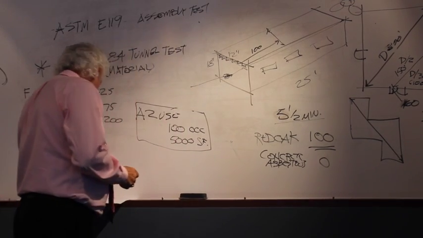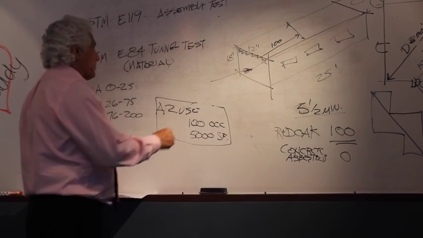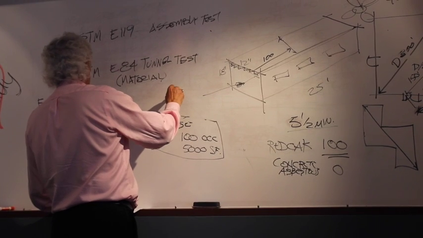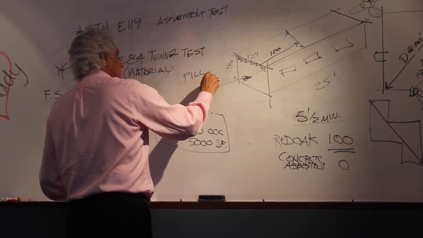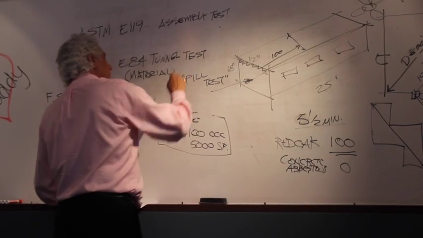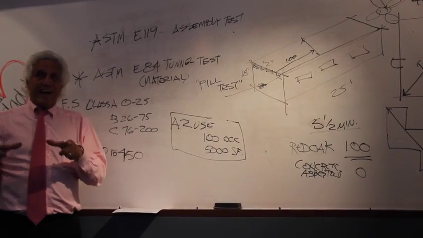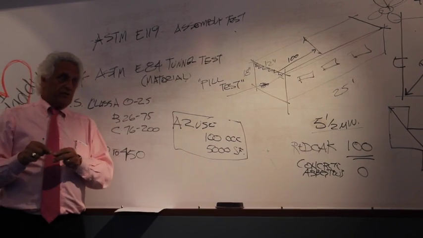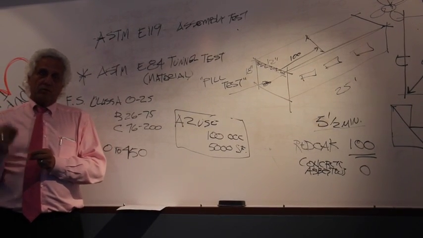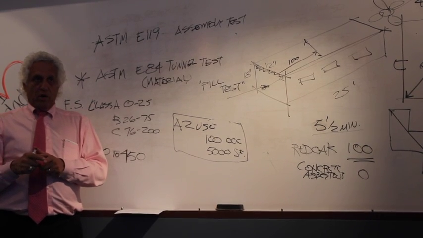The other item with that is the carpeting. Didn't talk about that, but carpet is a pill test. And what they do with carpeting is they take 8 samples, they're 9 inches by 9 inches, and they have an actual pill. They set it in the center of that sample, and they ignite it, and they watch it burn.